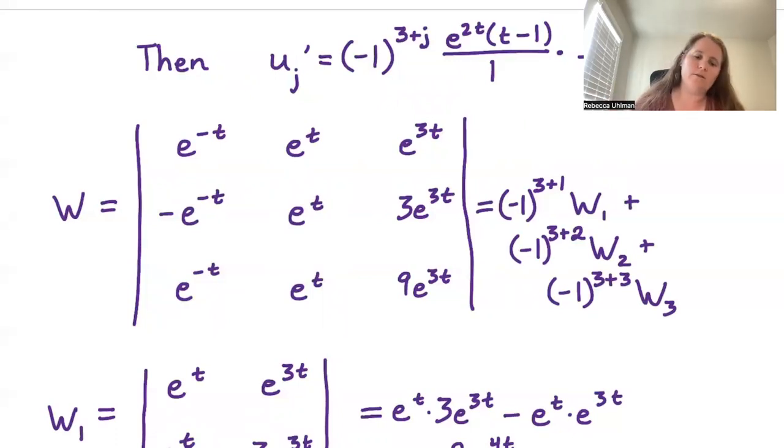Again, each of these we're just looking at n plus j as our exponent, and our subscript here is j.